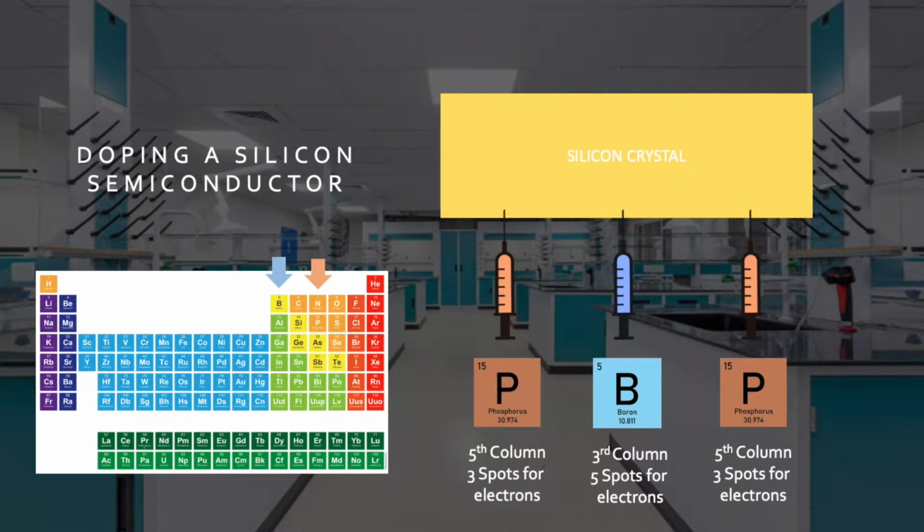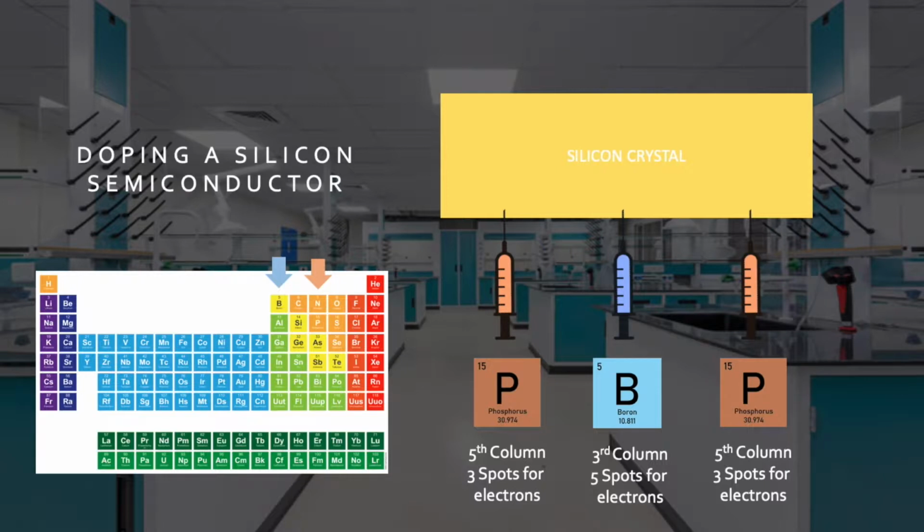But we discovered that if you dope a silicon wafer in interesting ways, you can give it some really cool properties. If we dope the left side of the silicon wafer with phosphorus, the middle portion with boron, and the right side with phosphorus again, we give this crystal some very interesting properties.